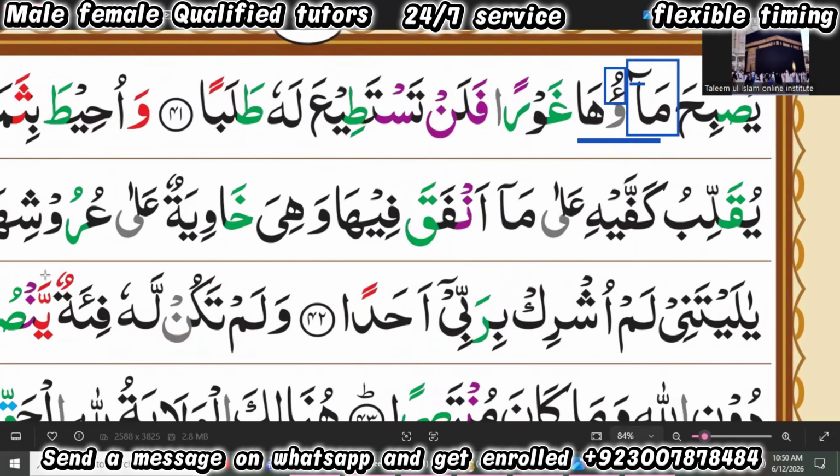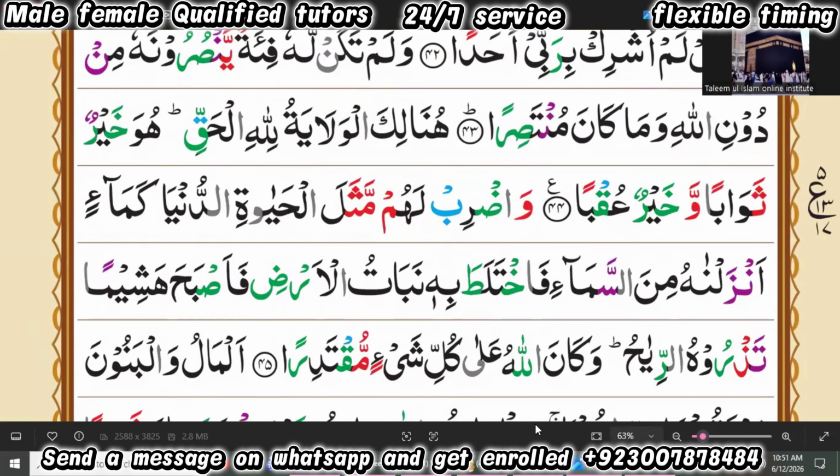This is the type of madde far'i called madde muttasil. Same here, this one is a madde muttasil because after the alif madda there is hamza. Same here, after the alif madda there is hamza.